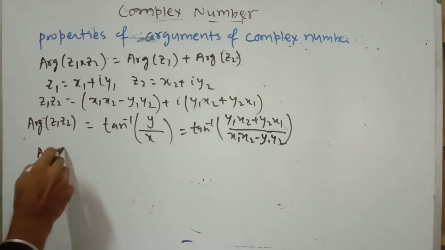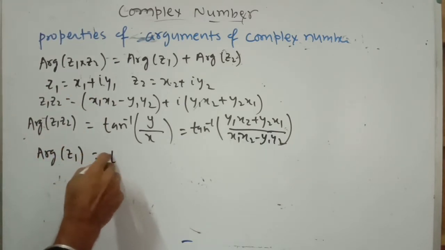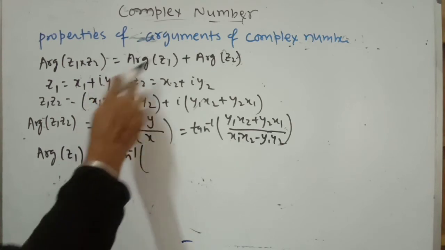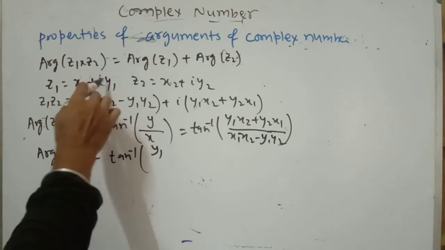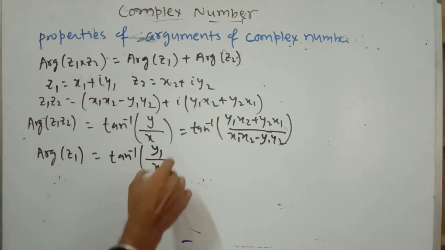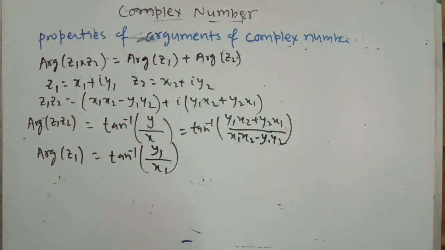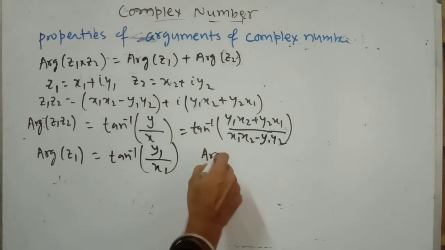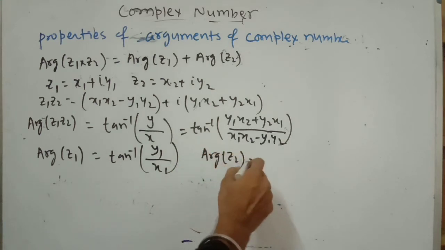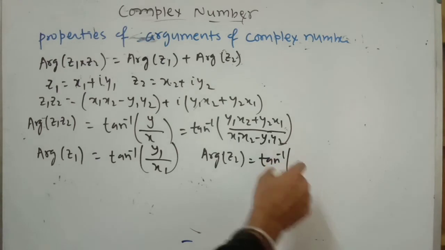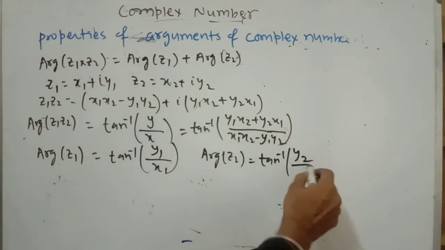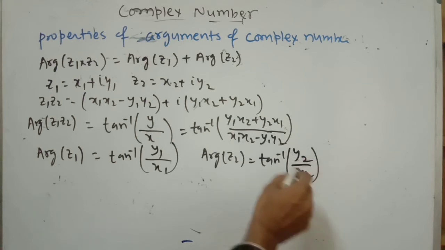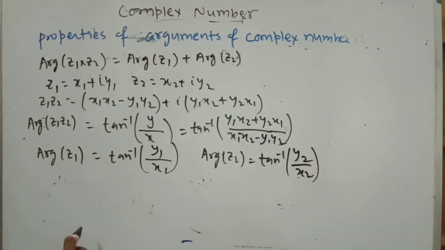Argument of z1 is tan inverse of the imaginary part y1 divided by the real part x1. Similarly, argument of z2 is tan inverse y2 by x2, where y2 is the imaginary part and x2 is the real part of the second complex number.